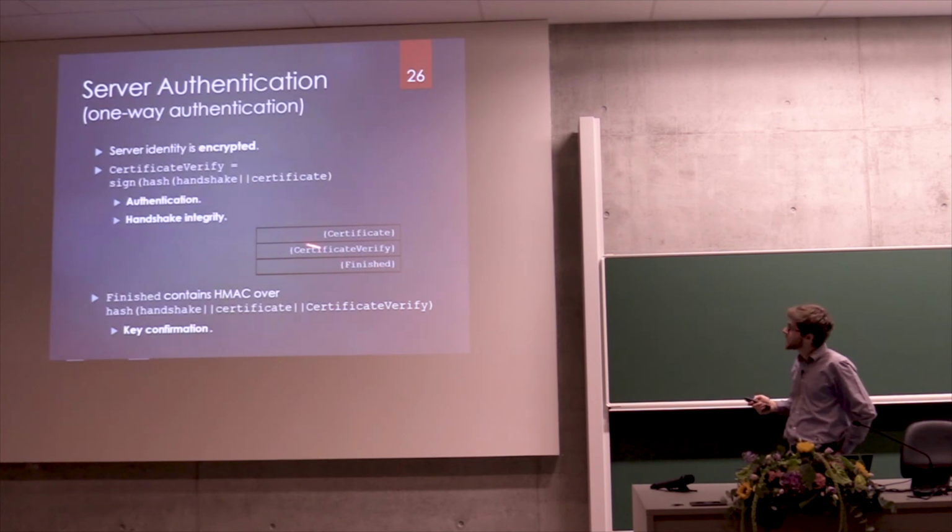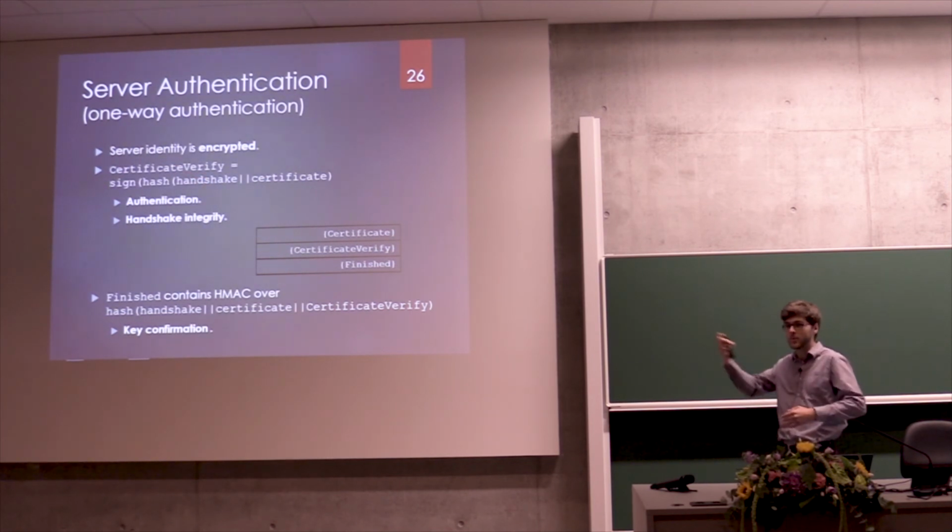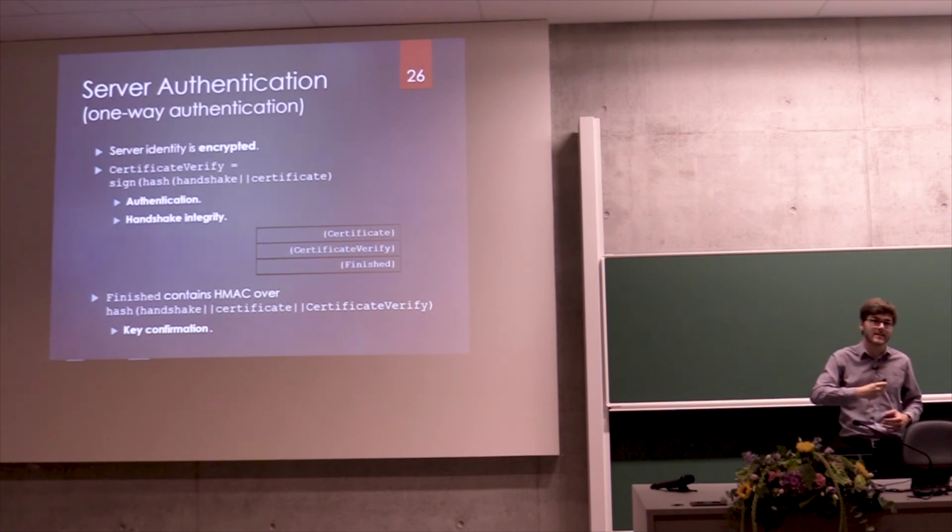Then there's this certificate verify message where the server has to sign the handshake and its certificate. So it provides both confirmation of the identity and of sort of the reality of the handshake that's happened. Because if the client has a different version of the handshake from the server, this message will not pass.